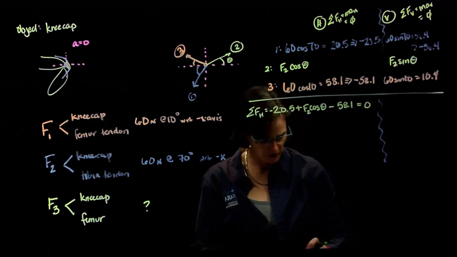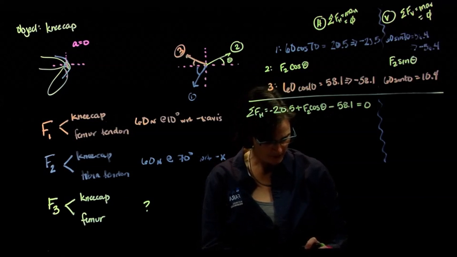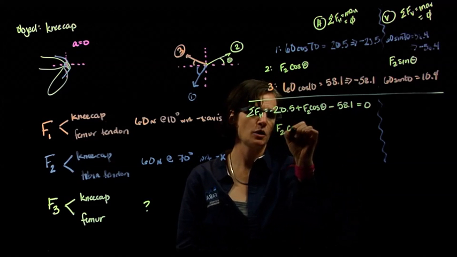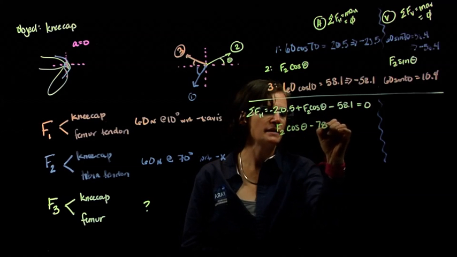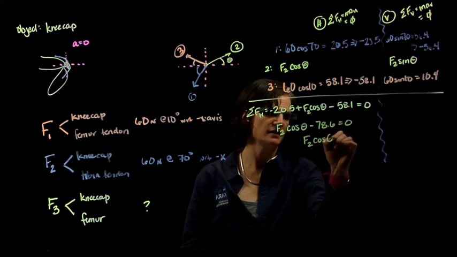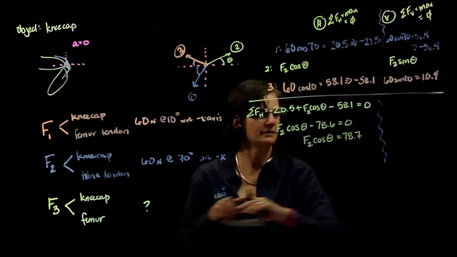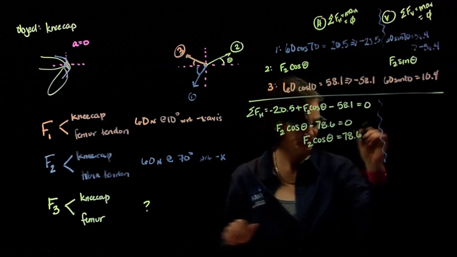So minus 20.5 minus 58.1 tells me that force 2 times the cosine of theta minus 78.6 equals 0. So F2 cosine of theta equals 78.6.